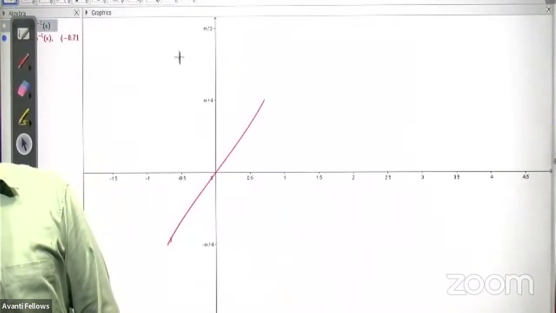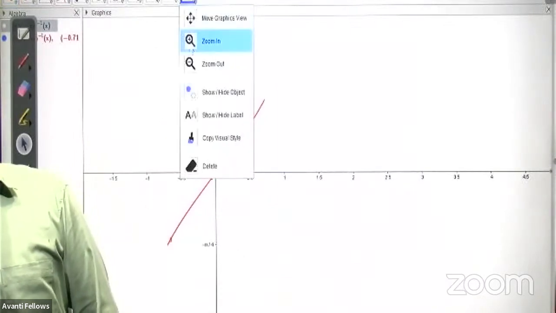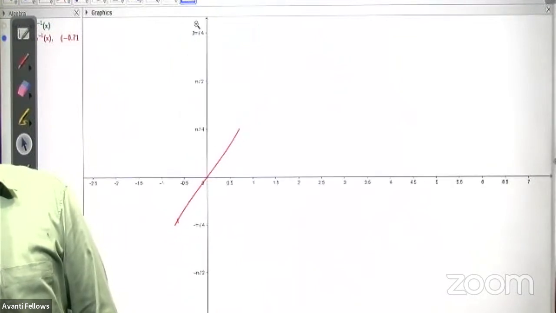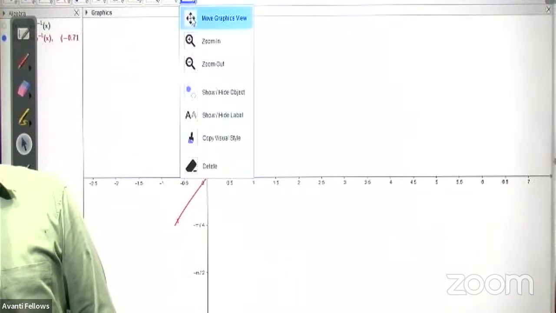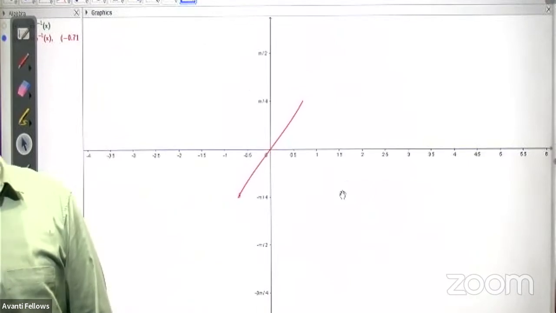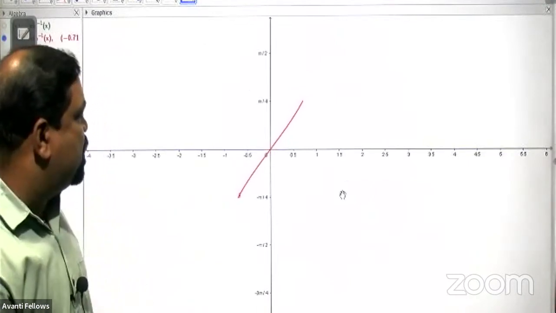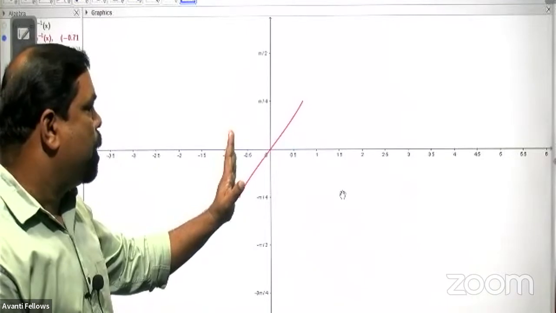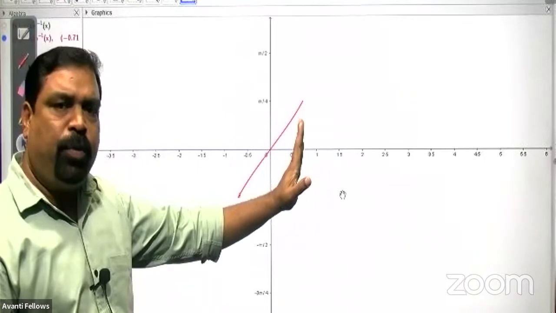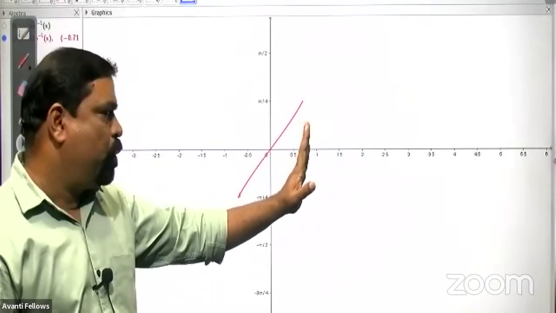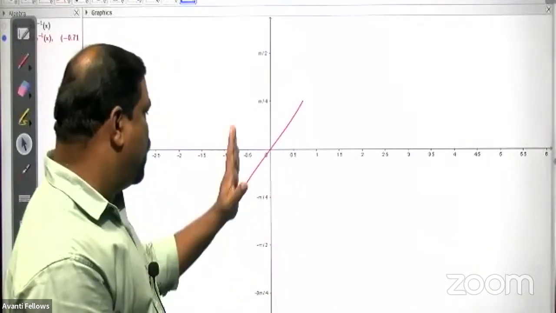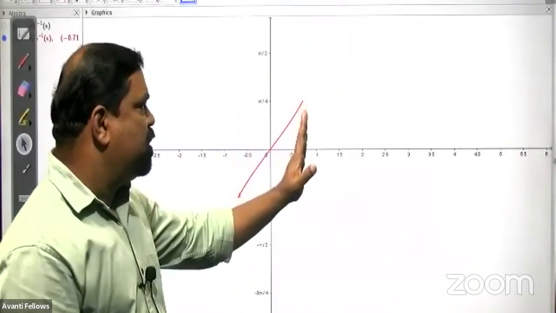So this is the exact correct graph that is plotted using the software, GeoGebra. You can see here, sine inverse x from -1 by √2 to +1 by √2. 1 by √2 means nearly 0.7, so minus 0.7 nearly to plus 0.7.